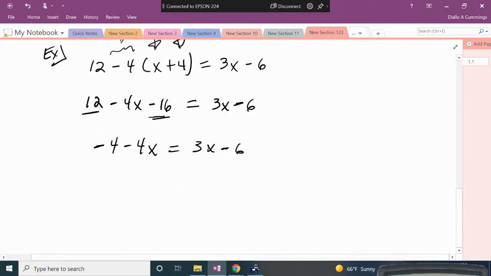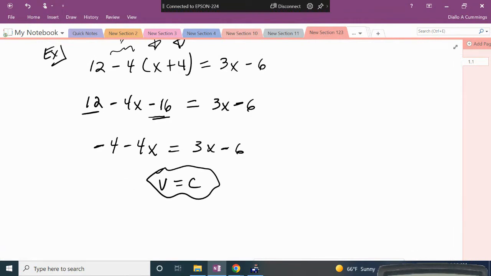All right, now once we get to the fourth step, here's something you may or may not want to do. You may want to set a guide. What I mean by a guide is I'm going to write V is equal to C. What this means is that V equals variables, C equals constants.